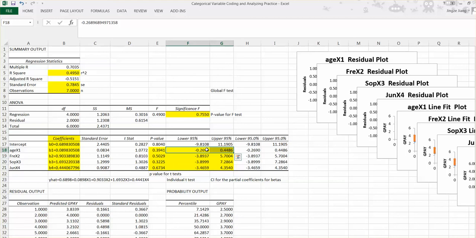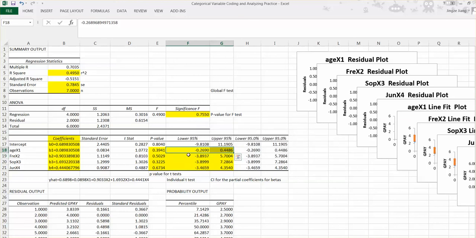Therefore, beta 1 is not significantly different from 0 at a 95% confidence level, and we will conclude age does not significantly affect our GPA. You will have a similar conclusion for beta 2 to beta 4.